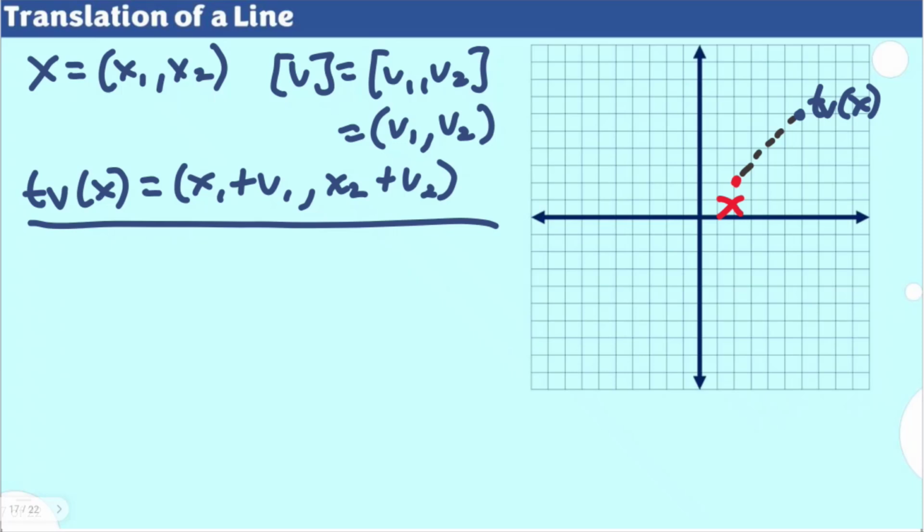But this time, if it's a line, and we know that a line consists of infinitely many points, what if point x here is just part of a certain line?